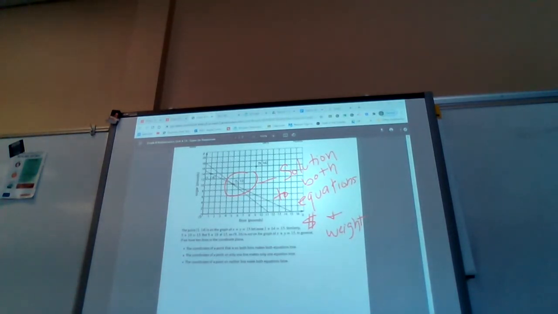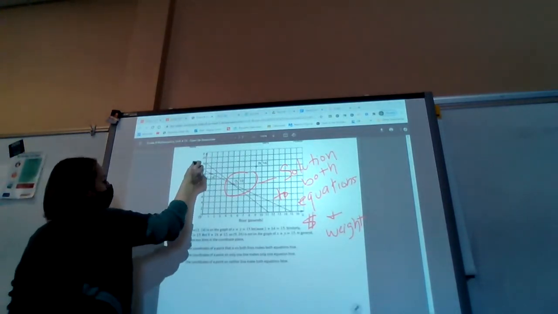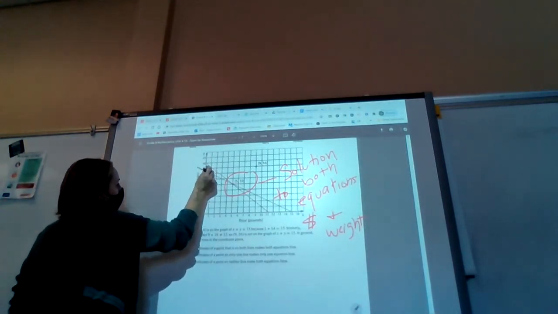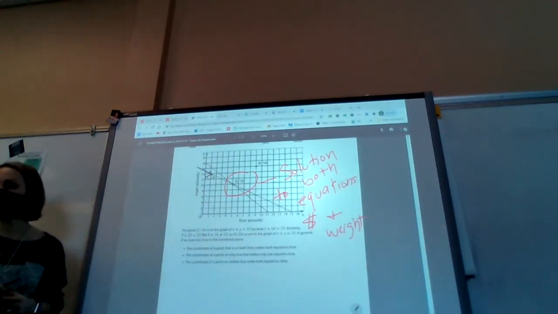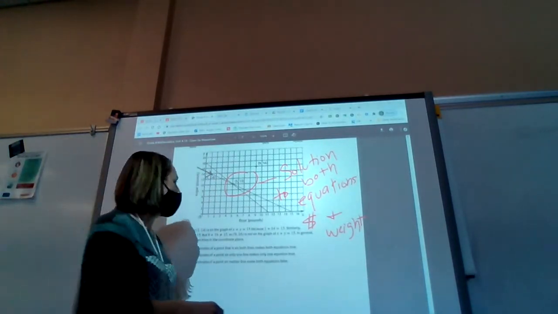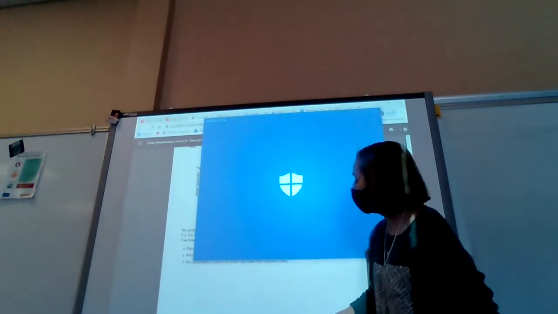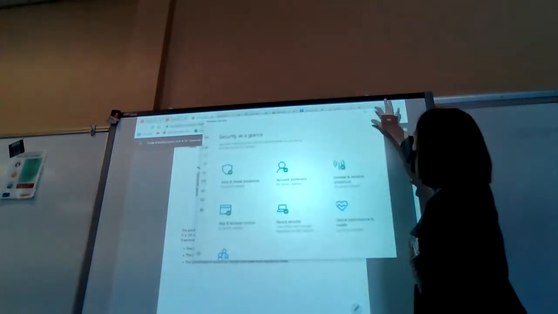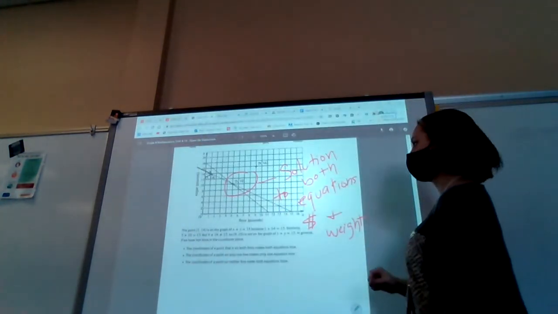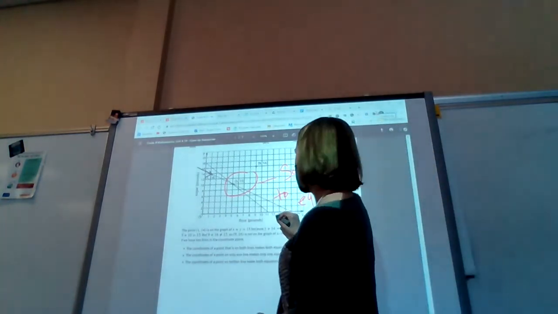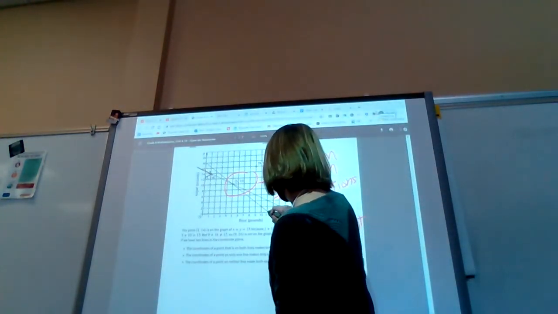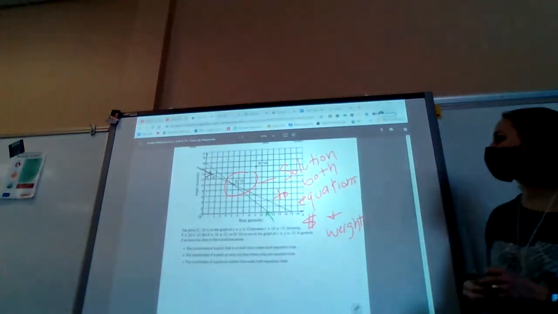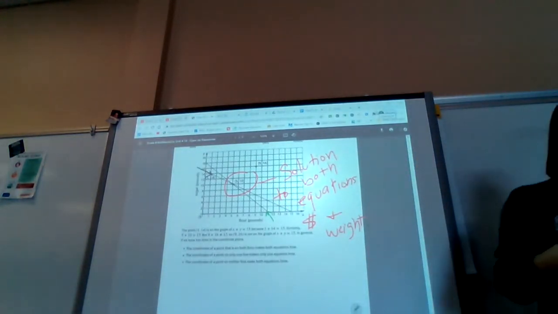So all of the points on this line add up to 15 pounds, right? They do. All of the points on this line add up to $9, right?